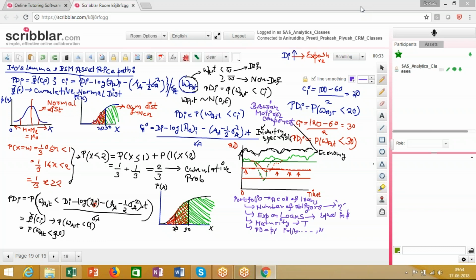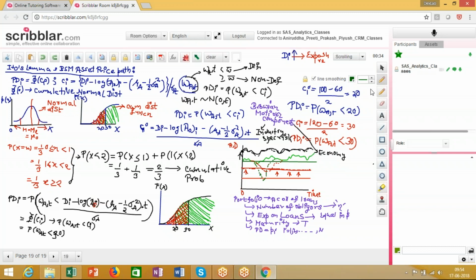Now the next important thing that I'm going to define over here is the loss. So how would you define the loss? And when I talk about loss, I'm talking about the gross loss. So I'm not bringing in the concept of recoveries over here, right? So if there has been a loss on the account, this is a loss given default: a borrower has defaulted and he has not given the money back.